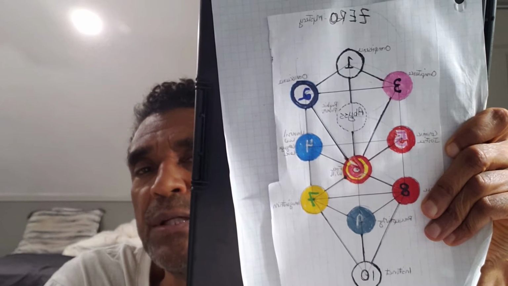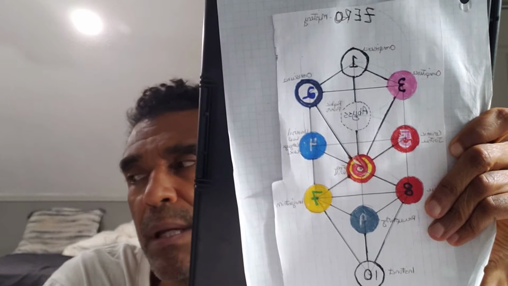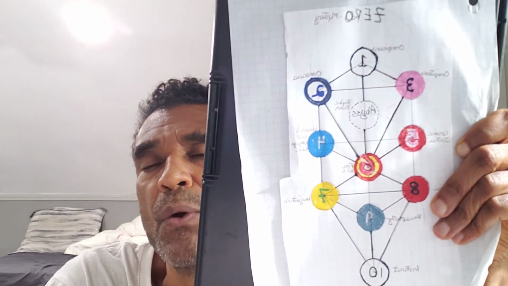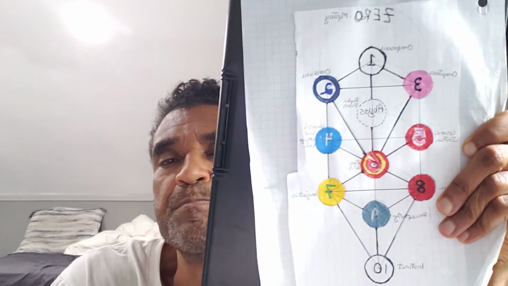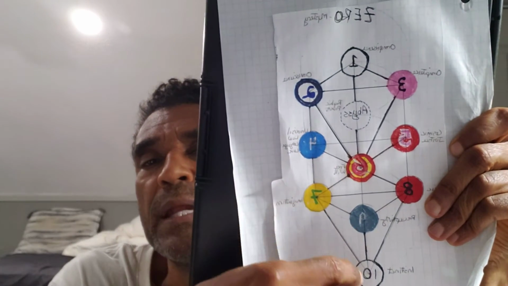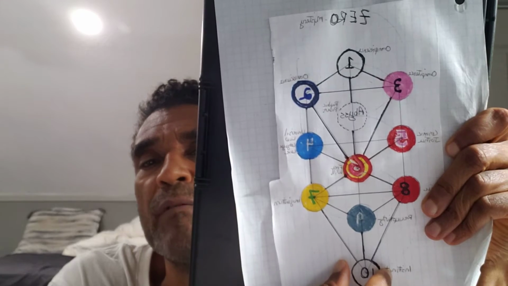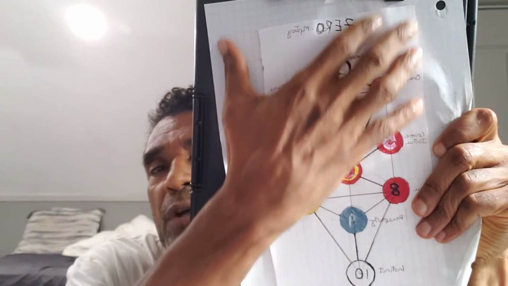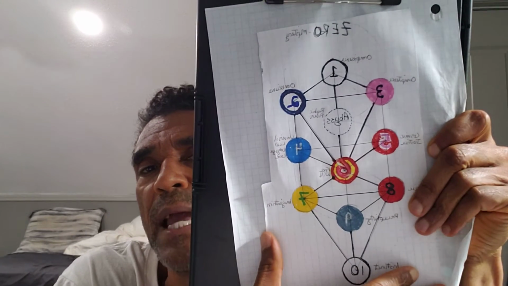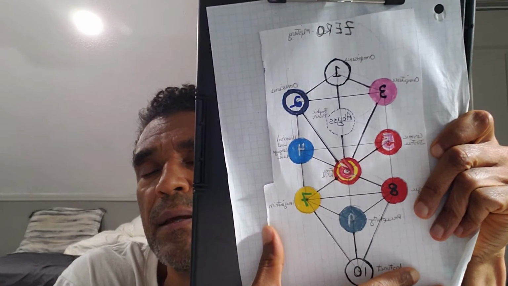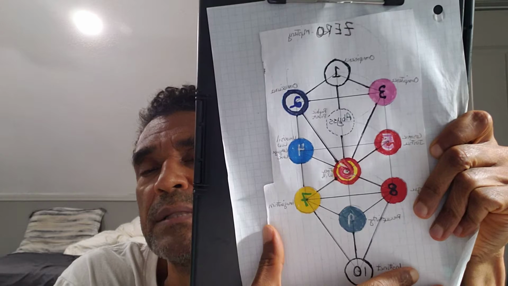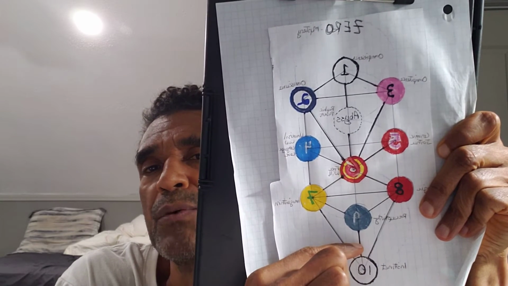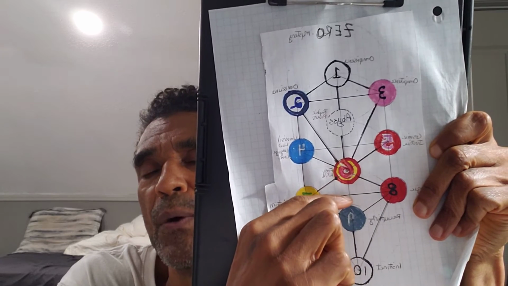Now, in my teaching model, and what we're going to be covering later in the show today, we get into another level of depth, because the Tree of Life is something that you can apply to anything. And so what I've done is I've applied the Tree of Life to each one of the 12 categories.